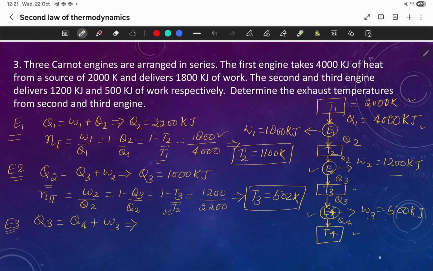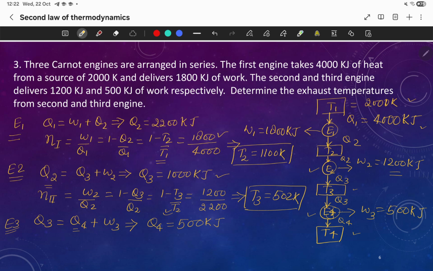So from here can we get the value of Q4, because we already calculated Q3? Just do this calculation, and we will get 500 kilojoule. This is Q4.